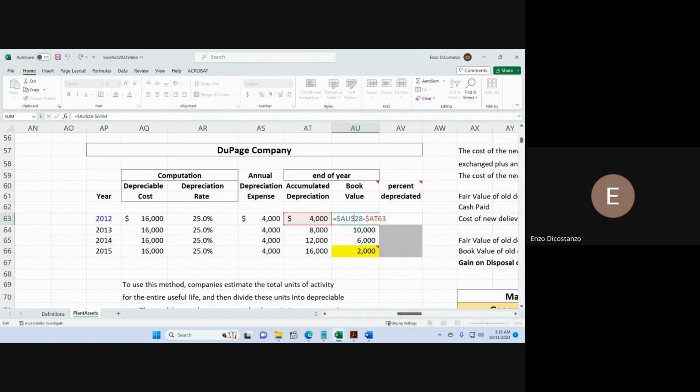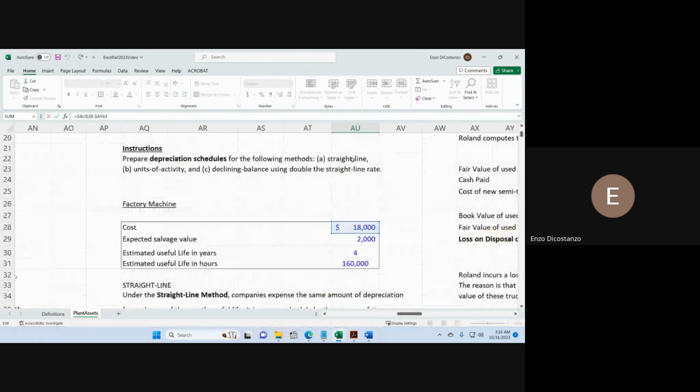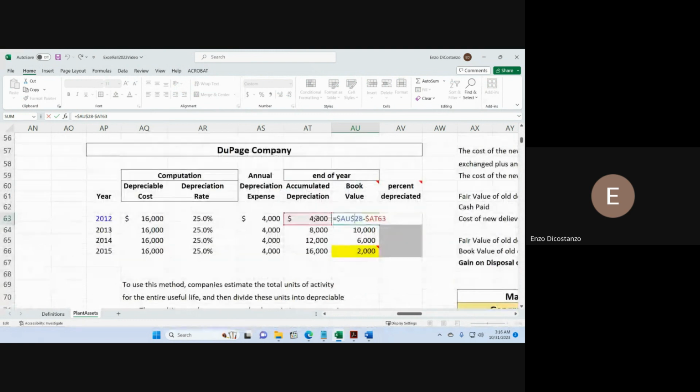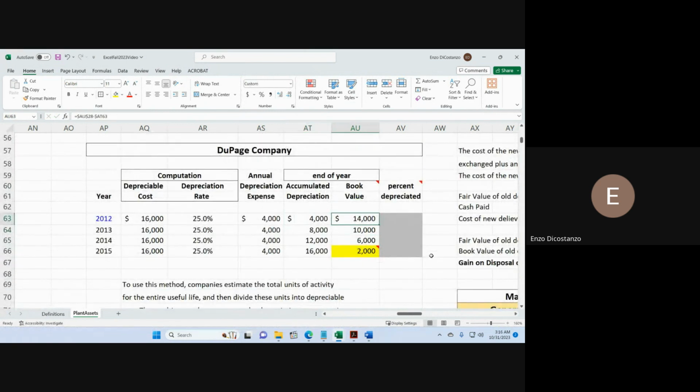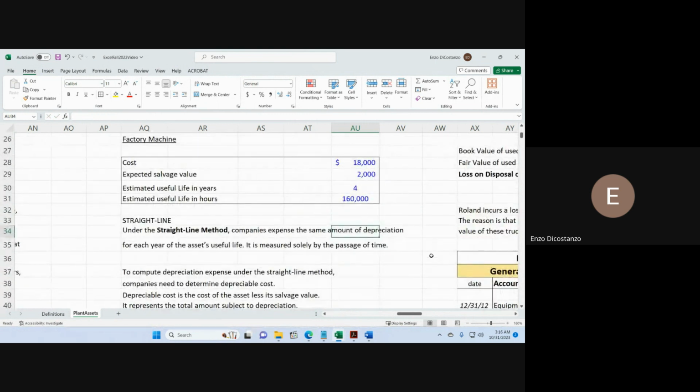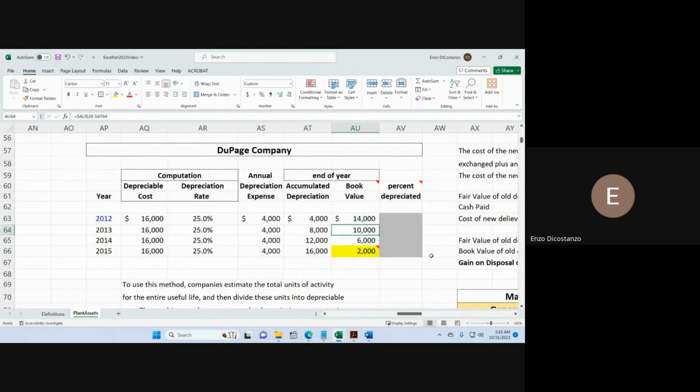So how does this work? This is the 18,000 minus the first accumulated depreciation, and then minus the second one. Again, what's our number here? 18. So this is minus 4, it's 14, minus another 8 is down to 10. So it's 18,000 minus 8,000, 18,000 minus 12,000, 18,000 minus 16,000, which gives you the 2,000.